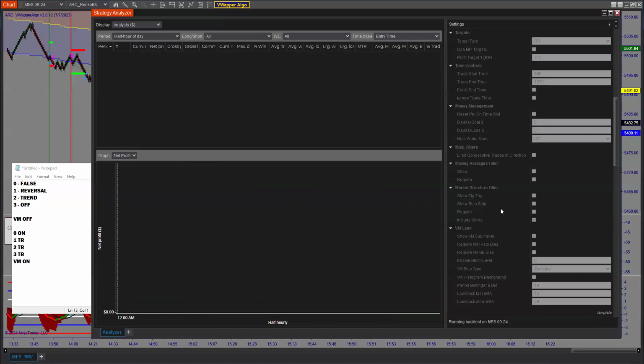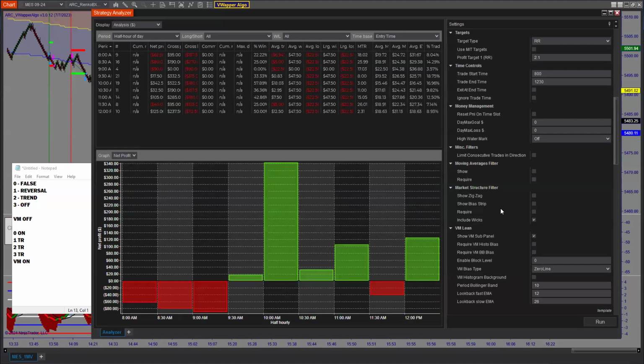We'll open it up again and see if there's anything good in the pre-market. Just a little bit. Yeah, no. 9:30 had 21 trades, but it's really hit or miss. So we'll stick with the 10 o'clock.